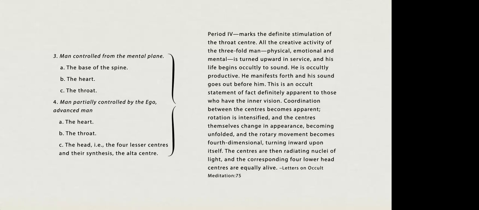Coordination between the centers becomes apparent. Rotation is intensified, and the centers themselves change in appearance, becoming unfolded, and the rotary movement becomes fourth-dimensional, turning inward upon itself. The centers are then radiating nuclei of light, and the corresponding 4 lower head centers are equally alive.